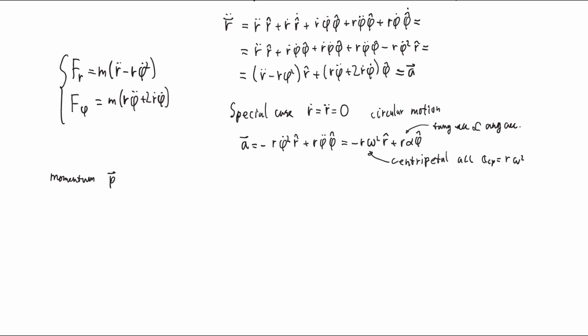So the momentum p of an object is the mass times its velocity, which is the mass times r dot, obviously. So then we get that p dot equals m v dot, or ma, and that's the force.